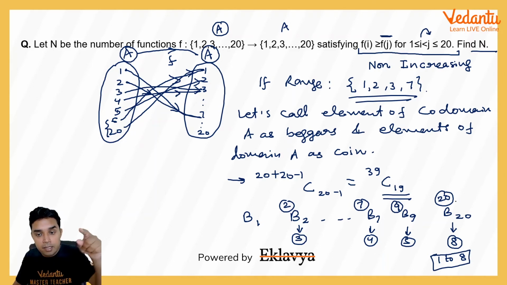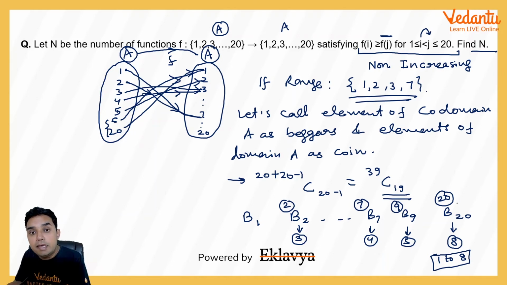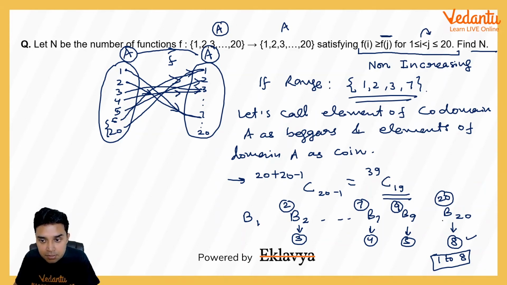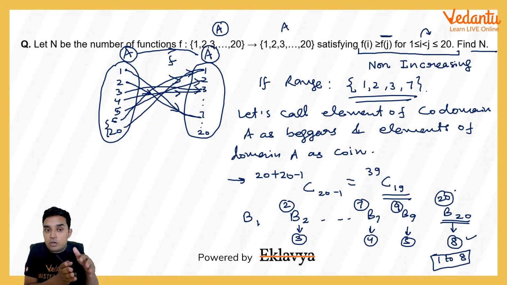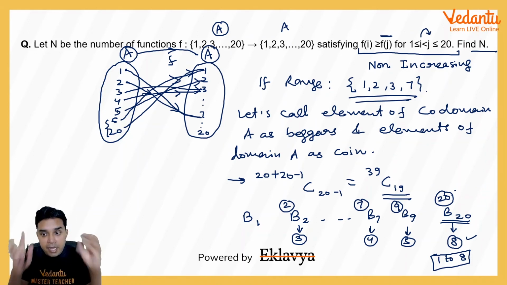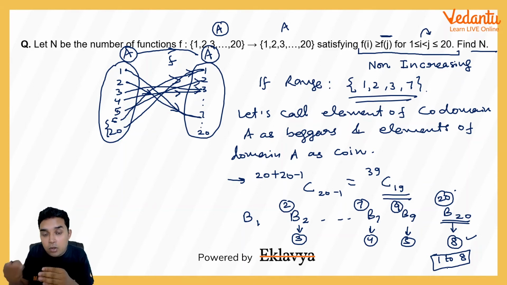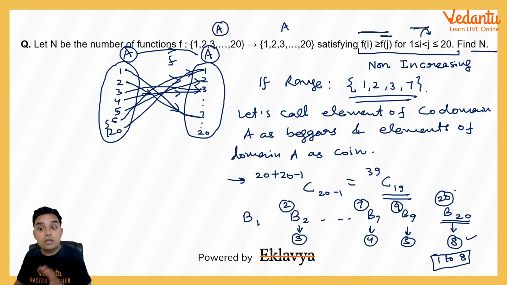Please understand, because it's a non-decreasing function, these 8 elements cannot be anything other than the first 8. So if this 20th element is connected to 8 elements of this domain set, then these 8 elements have to be 1 to 8. If they are from some other elements like 10 or 12, then this condition will not be satisfied. Please think it through yourself.